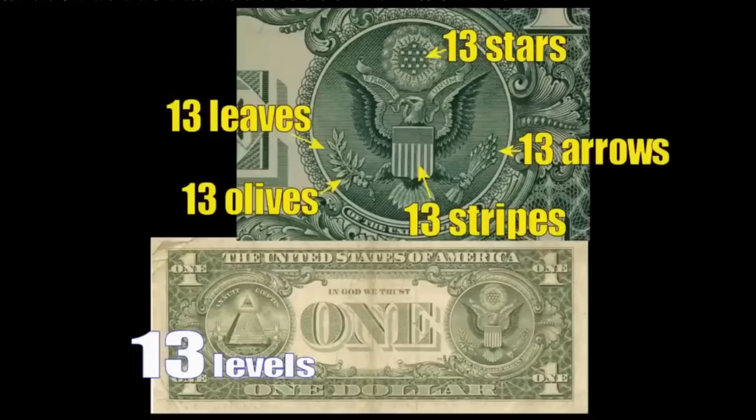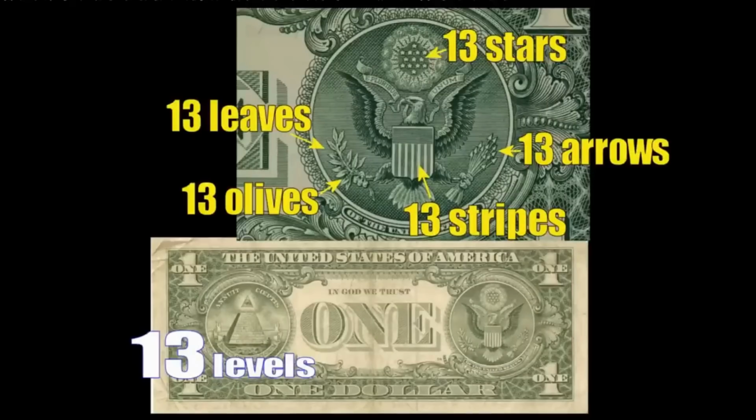For instance, if you look at the eagle, it's carrying 13 arrows, and it has 13 leaves on the olive branch plus 13 olives. The olive branch is a symbol of peace, the arrows a symbol of war. Of course, there is also the star above the eagle's head, which has 13 stars. This is an important geometric link, but also the 13 stripes.